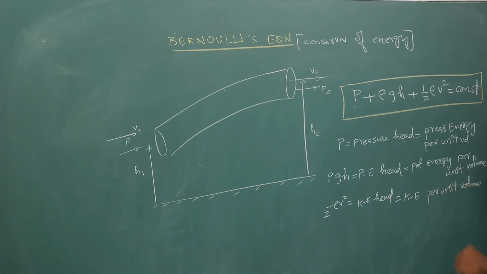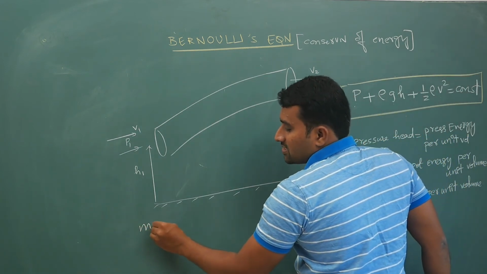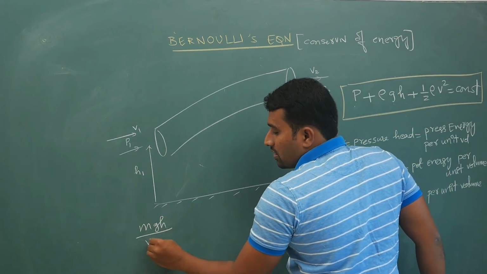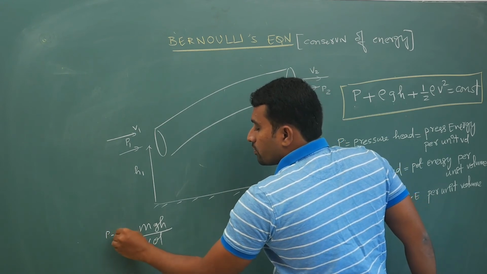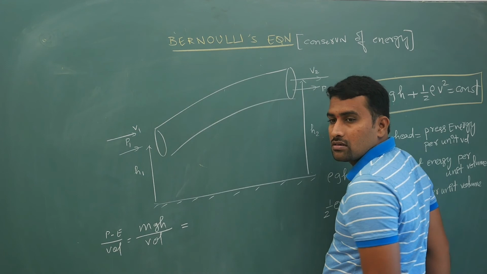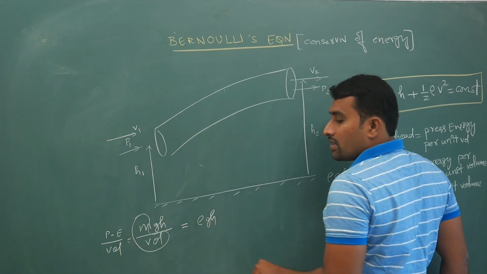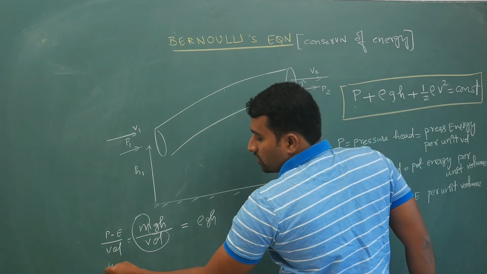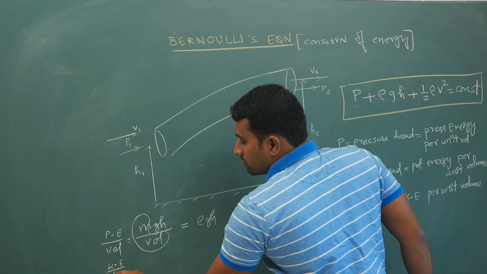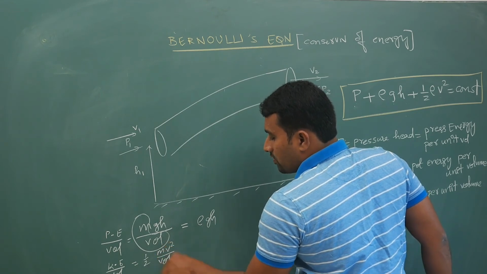Now, how did you get this? I will tell you, don't worry. If you take potential energy as mgh, then mgh by volume is potential energy per volume, and mass by volume is what? Density. Density is mass by volume. So that is why it is rho g h. If you take kinetic energy by volume, then it is half m v square by volume.